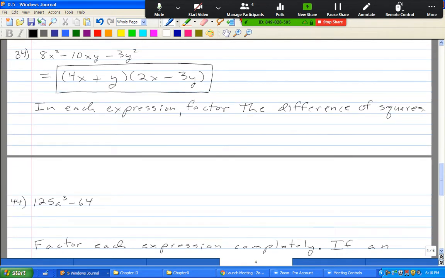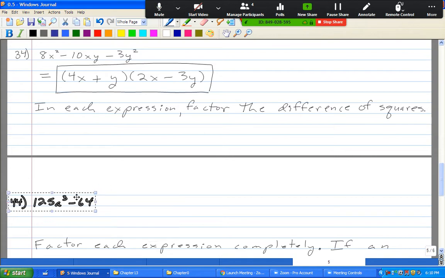In each expression, factor the difference of squares. Difference of squares. Difference of cubes.